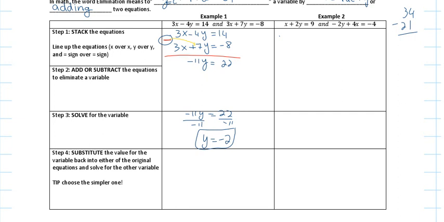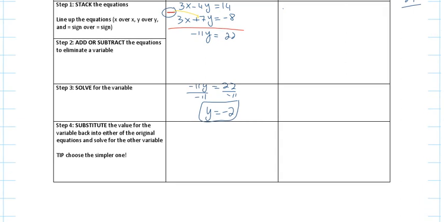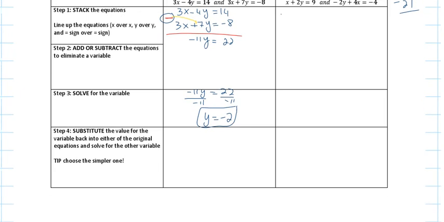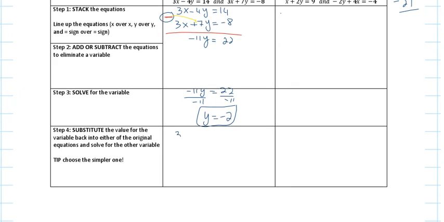So in this case, I'm going to plug it into the first one. Technically, when you're plugging in, you pick the easier one to plug in. In this case, they're both the same. There is no easy and no hard one. So that's why I'm picking the first one. So I have 3x minus 4y equals 14, sorry.